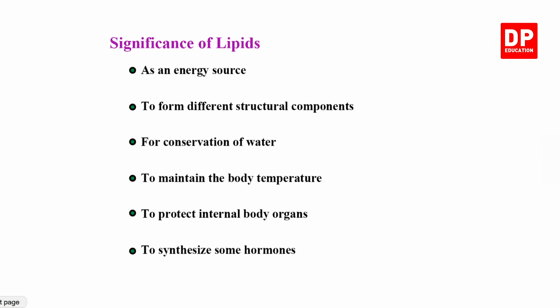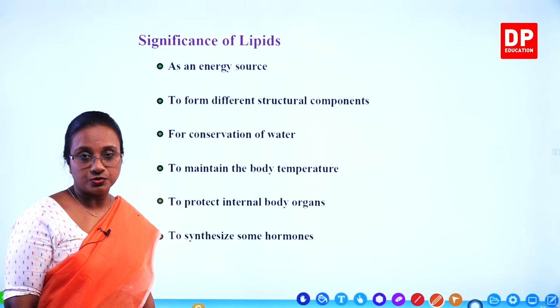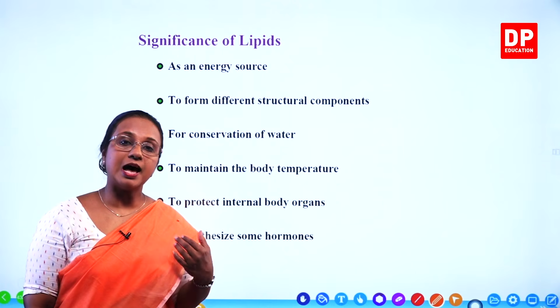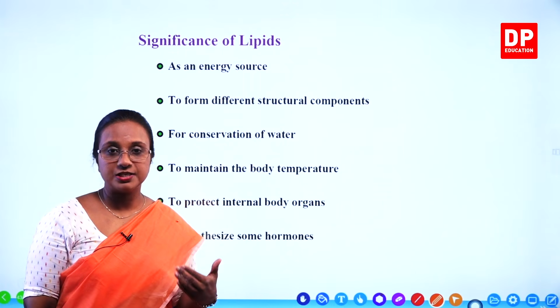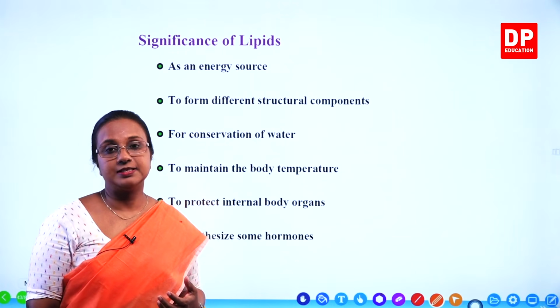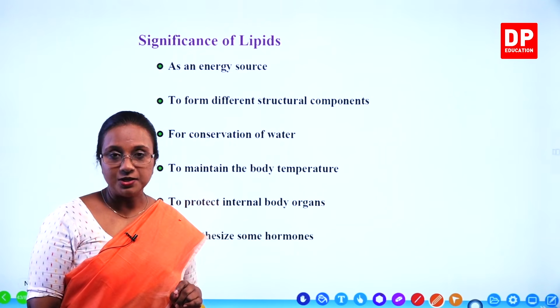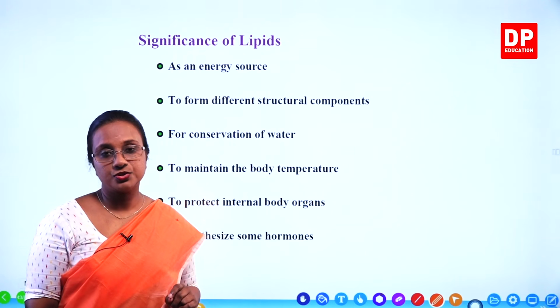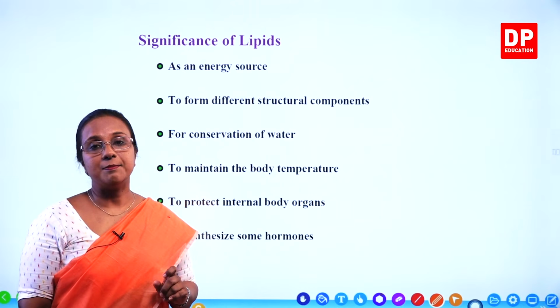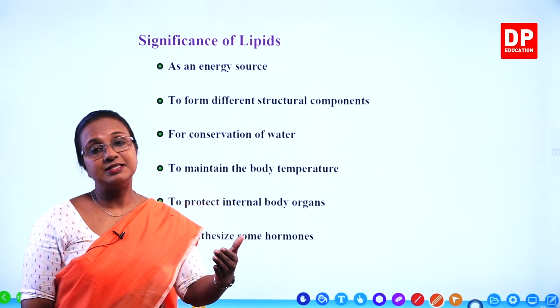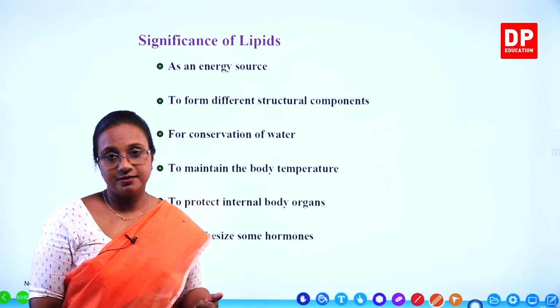If we look at the significance, it is used as an energy source. So, normally carbohydrates and lipids are the main energy sources of a living organism. Only in the absence of these two, protein will be used as the energy source. But you have to remember that lipids provide more energy than carbohydrates.